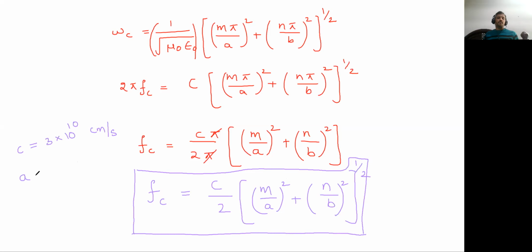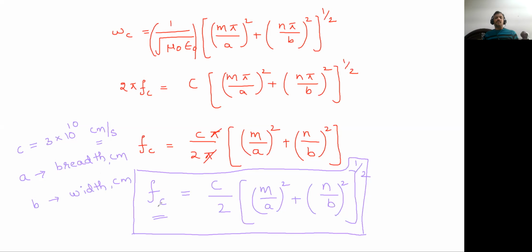And a is the breadth or broader dimension of the rectangular waveguide, which is always expressed in centimeters, and b is the width of the rectangular waveguide, which is also expressed in centimeters. Mostly they'll give you a and b values in centimeters. So that's the reason I am also asking you to write the expression for c in centimeters, so that the problems become simpler and we can do them more easily.